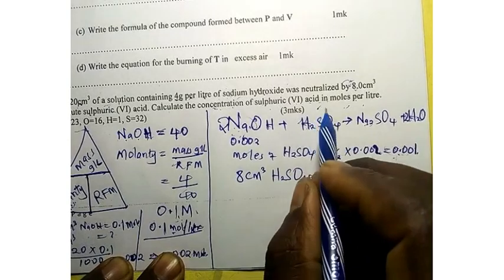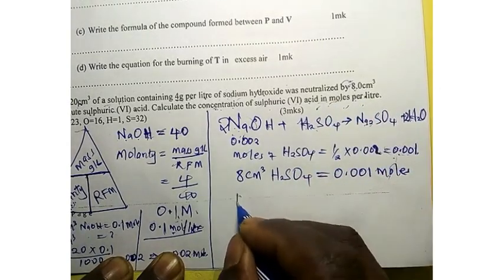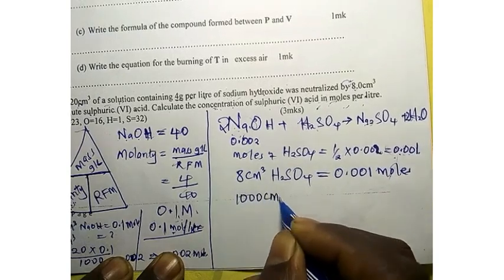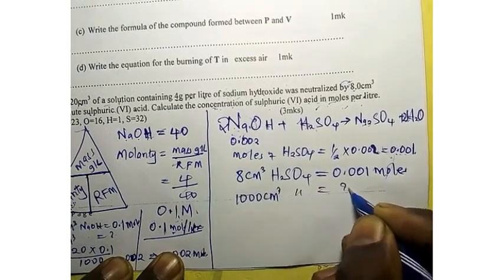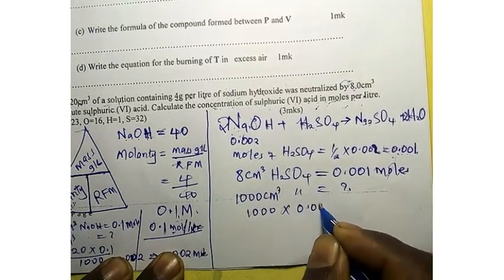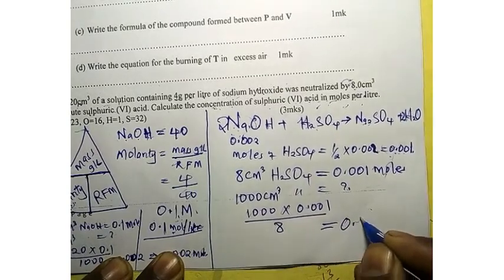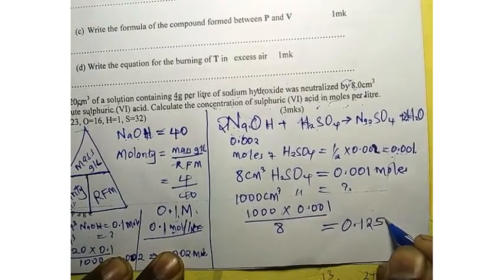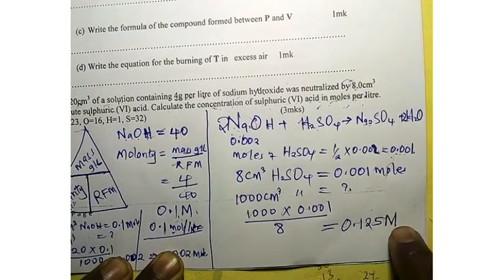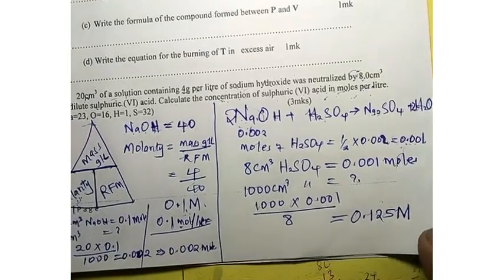We are asked to calculate the number of moles in 1 liter, which is 1,000 centimeters cube. So 1,000 times 0.001 divided by 8 gives us 0.125 M. Capital M stands for molarity, and molarity is moles in 1 liter.